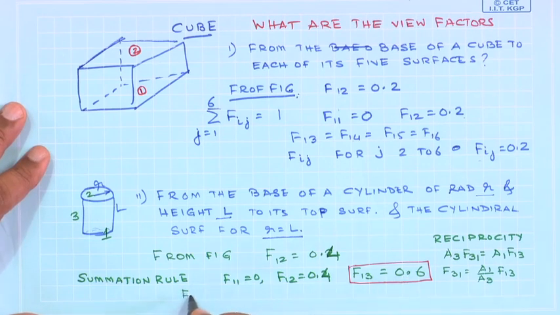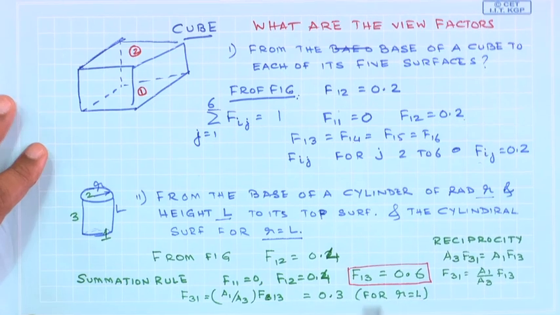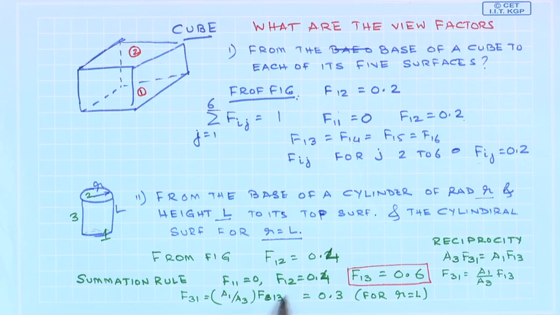So, your F31 would be equal to A1 by A3 times F13, and when you put the values in there, you are going to get 0.3 for r equals L. So, the value of F13 you have already obtained to be 0.6. So, the A1 by A3 ratio for r equals L would give you the value of F31 to be equal to 0.3.